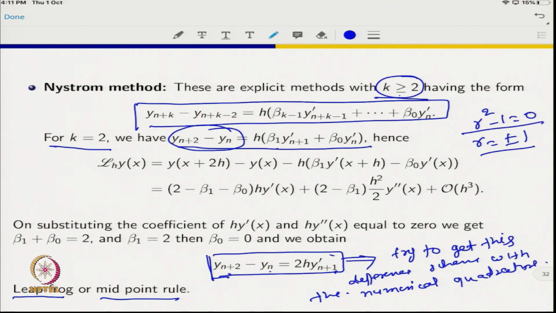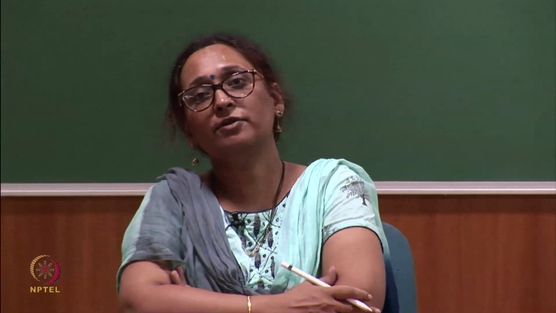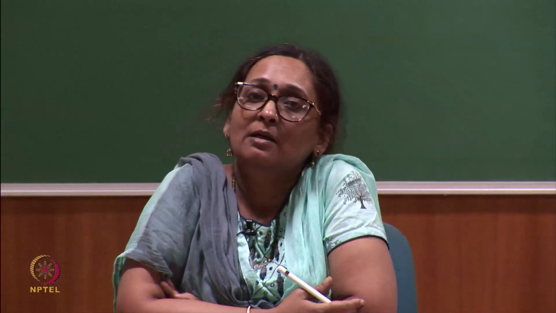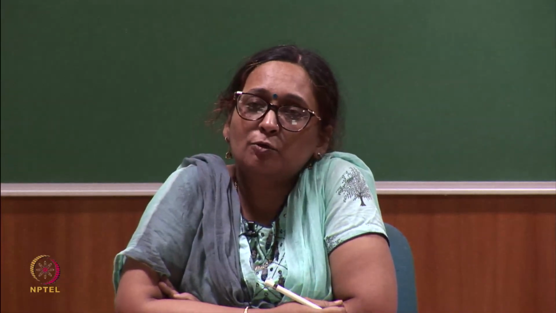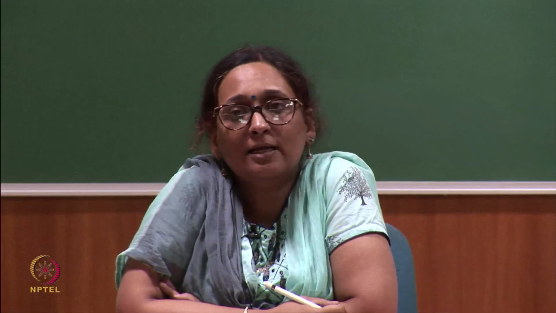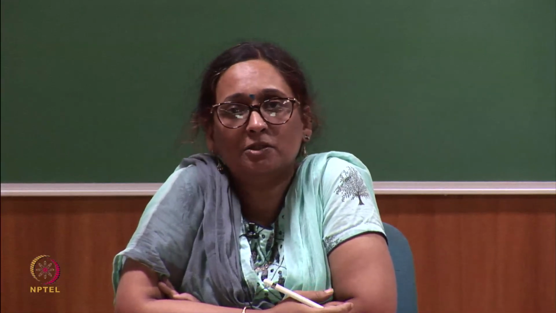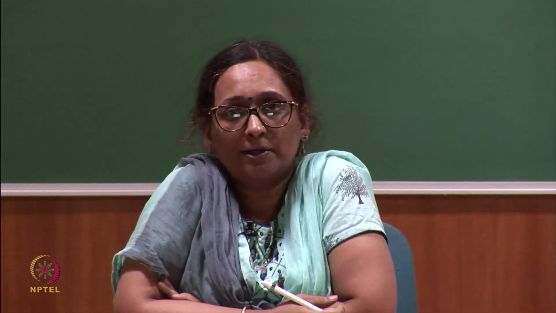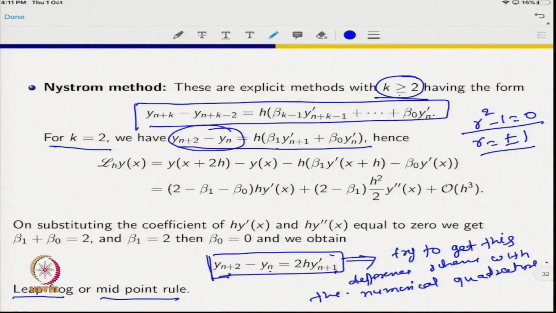Because in the last lecture you can recall I derived a couple of schemes in an alternate way, that was numerical quadrature formulae, and that is how I also justified why the trapezoidal method was called the trapezoidal method. In the same way you can justify why this is called the midpoint rule. So, you can take that as an exercise.